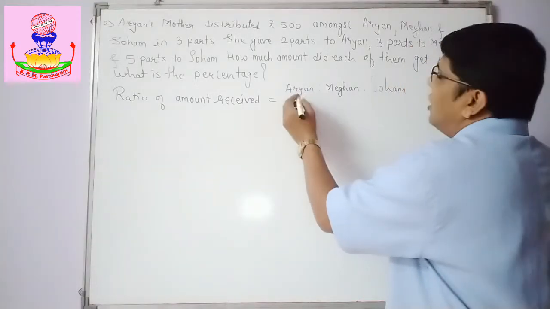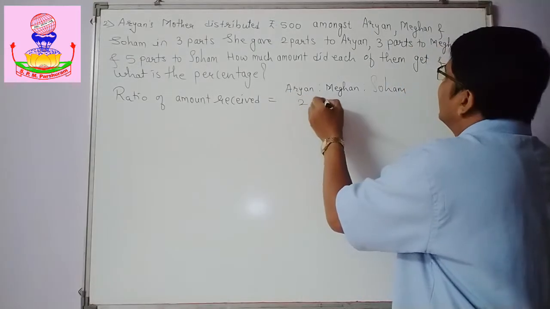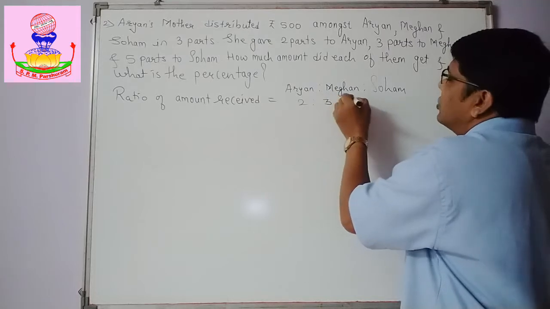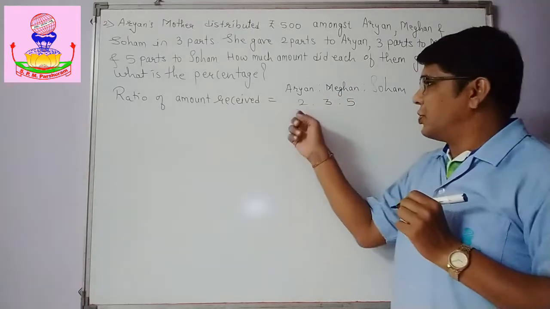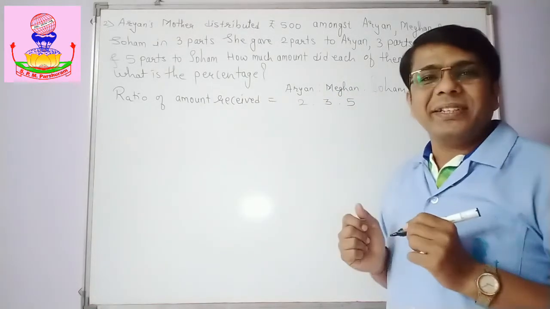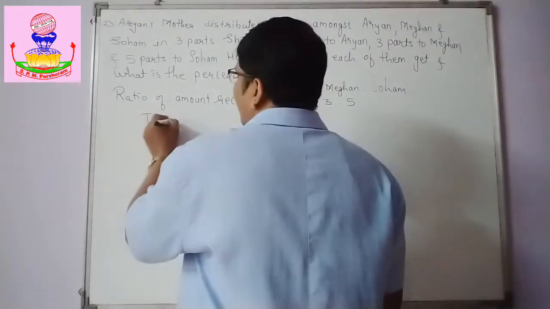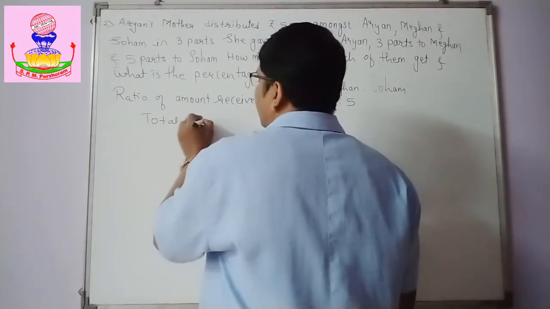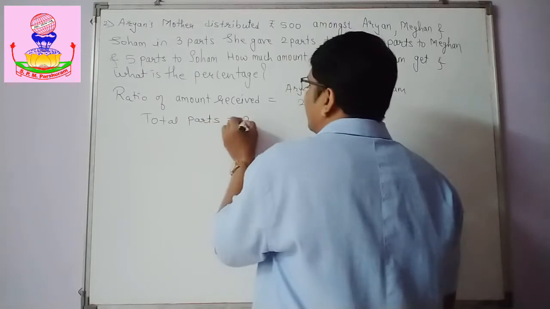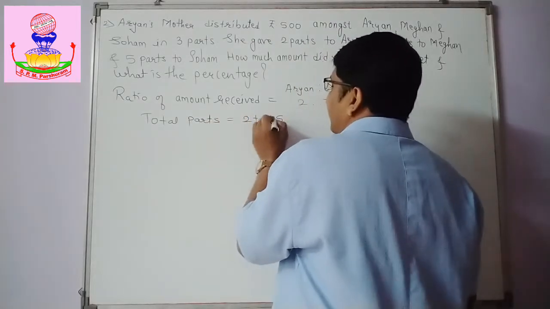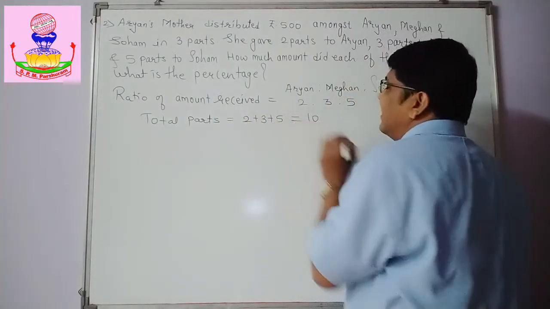Okay, so Aryan got 2 is to 3, Meghan, and Soham 5. So 2 is to 3 is to 5. So what did they do? Total parts, how many are there? So they found total parts. So total parts 2 plus 3 plus 5. So that is 10.